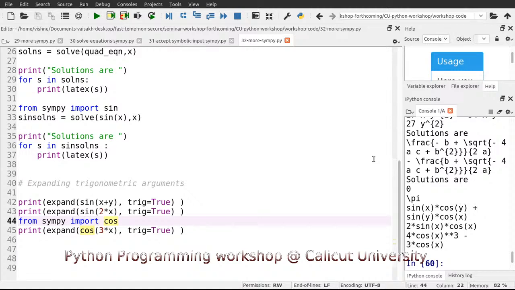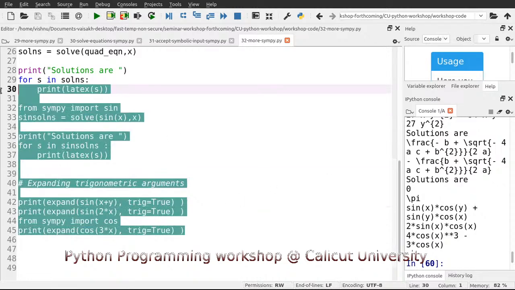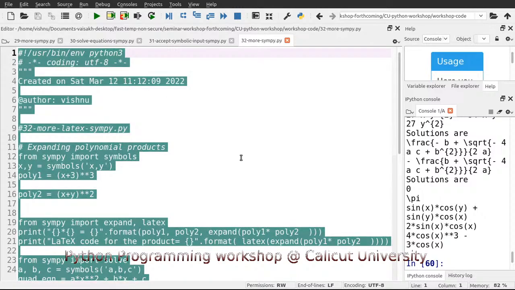So let me just try to do something related to symbols, plotting. So a little bit more about complex arithmetic, dealing with complex arithmetic. Let me update the entire thing in Google document first. So updated the entire file in Google document.